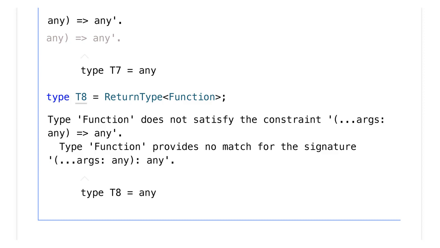Type Function provides no match for the signature (...args: any): any. type T8 = any.